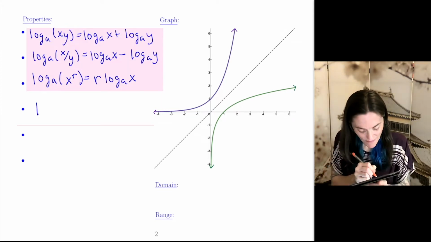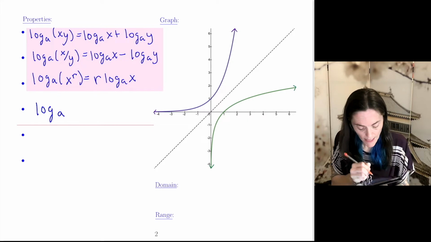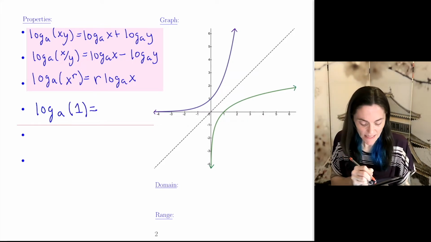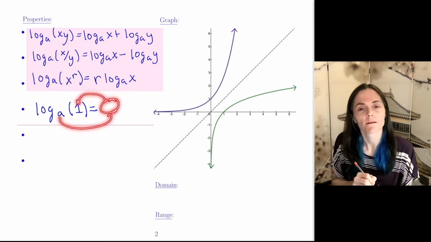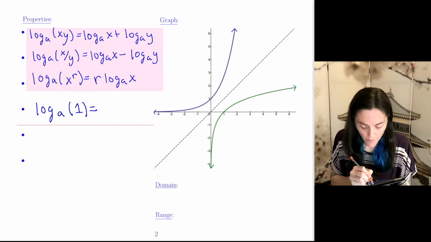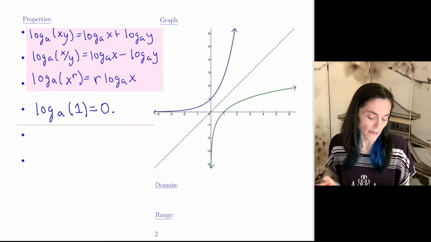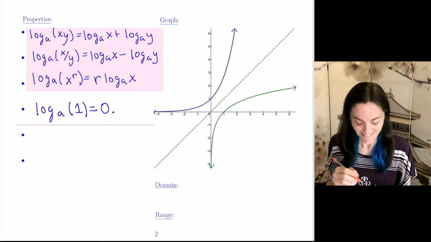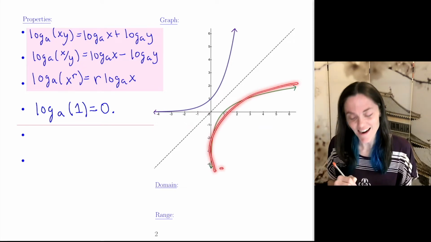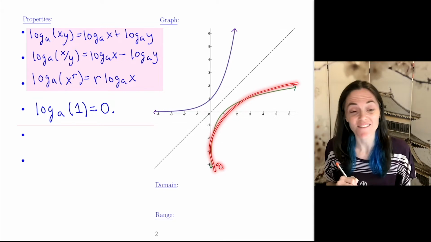One of them is if you take the log base a of 1. This says a to what power gives you 1? Well, this would be 0. Now, what does this mean in terms of the graph? Over here, I will just say this one is the graph of a logarithm. I think it's the graph of ln x.